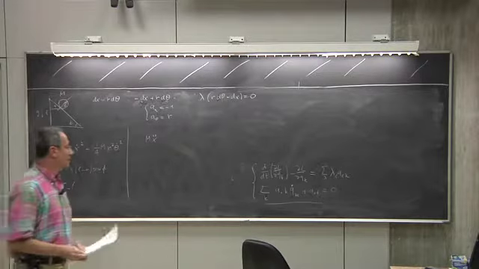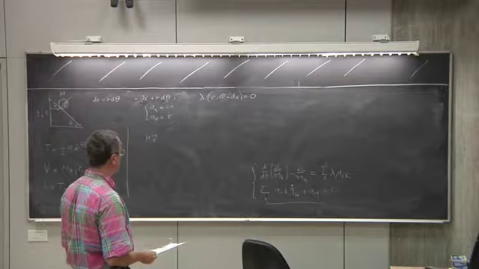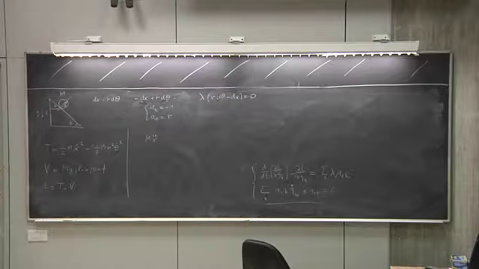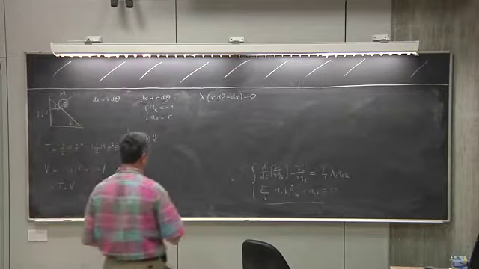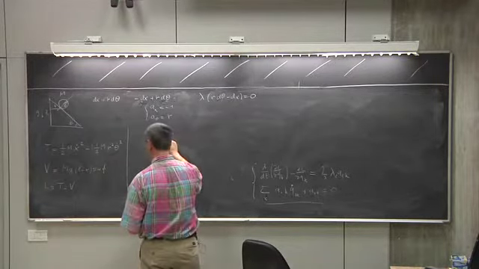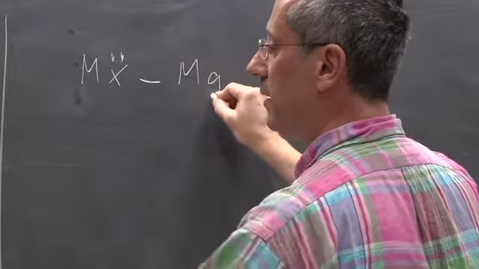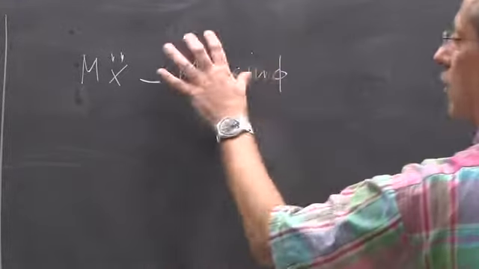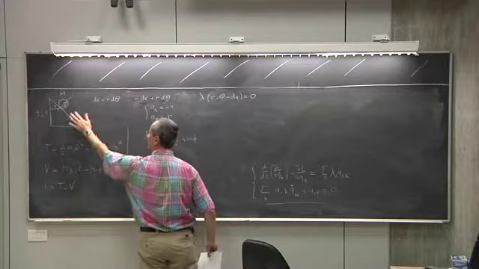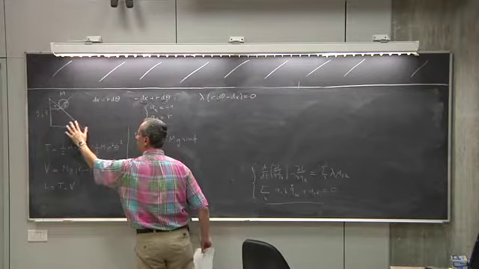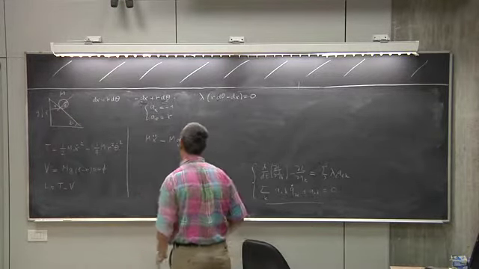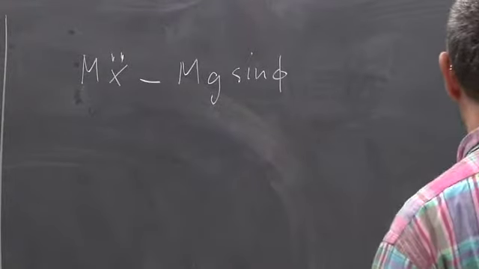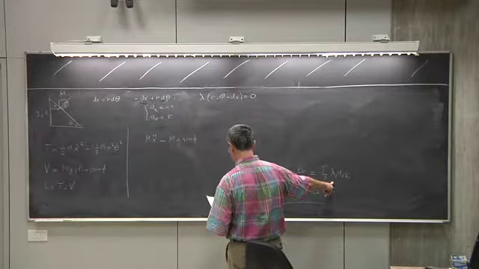That way, you know that if you get the wrong sign, you have made an odd number of mistakes. So you get minus mg sine phi. This is just a constant, because theta is our coordinate and phi is just a number that you can plug in at the end of the problem. But wait a second, you also have this term here.